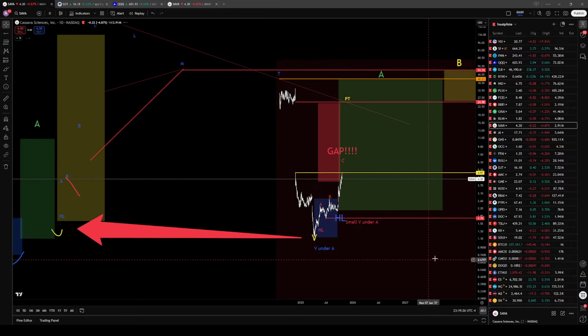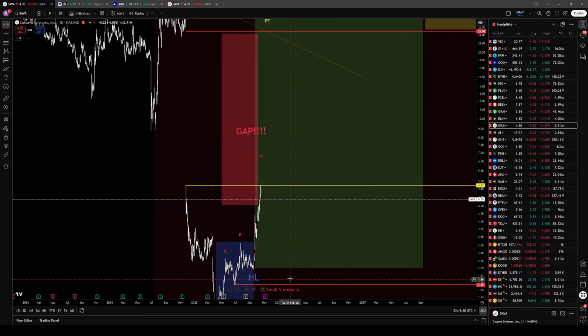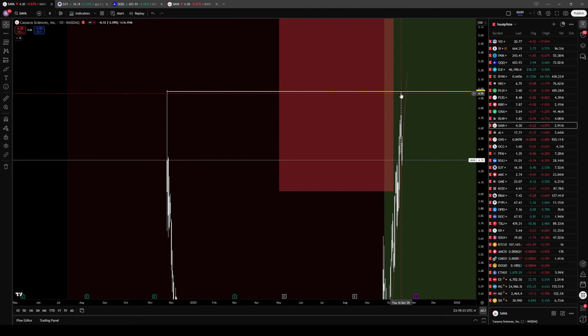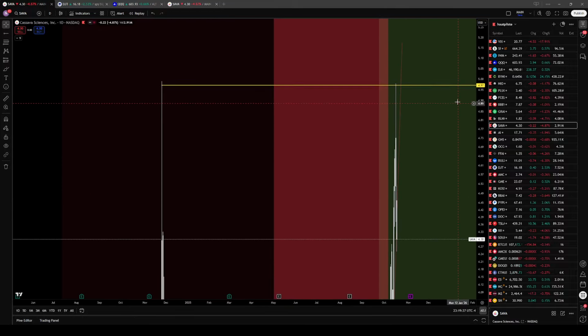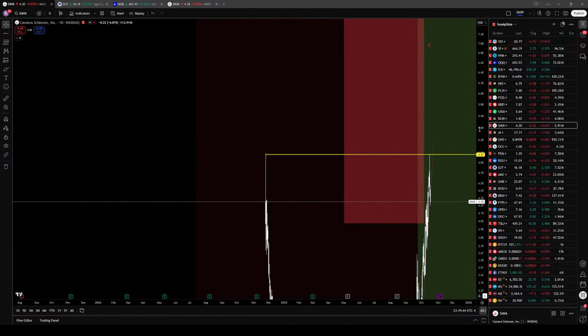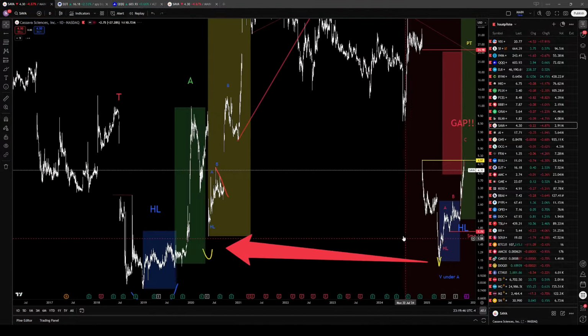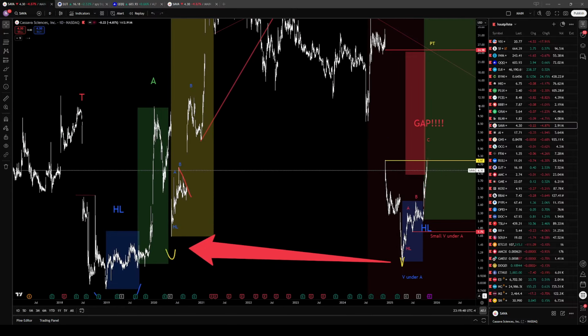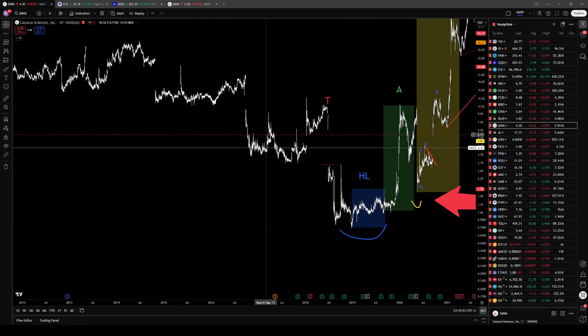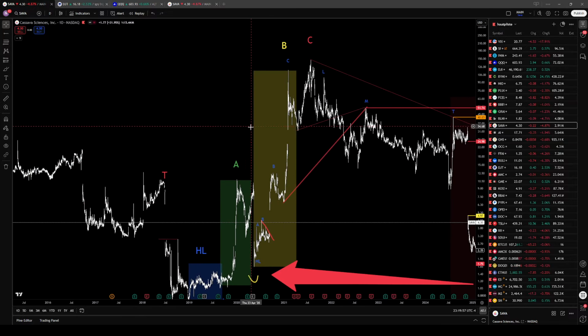On Thursday, we nearly were in the gap fill area, but we still were lower. So for the bullish tracking, all these gap fills were Monday, Friday, all of them.